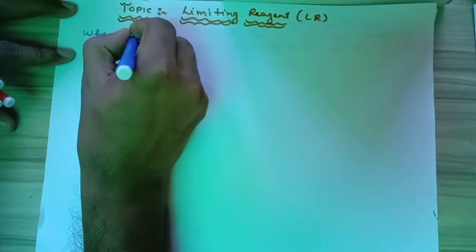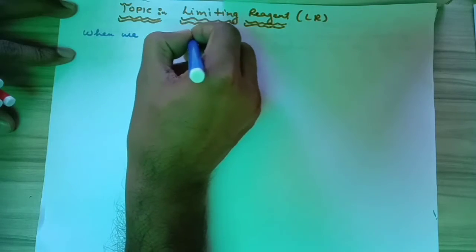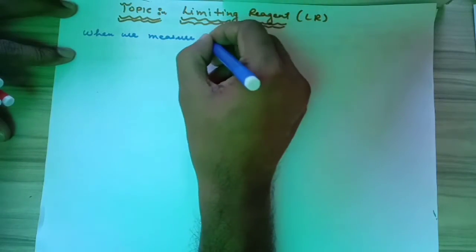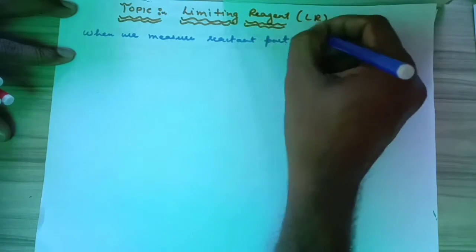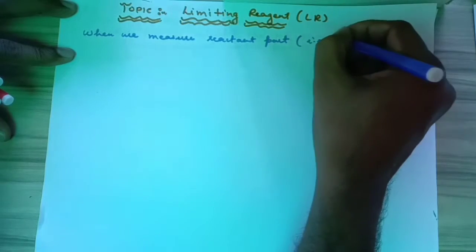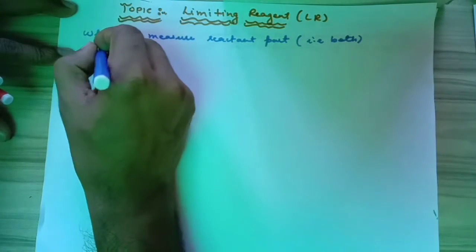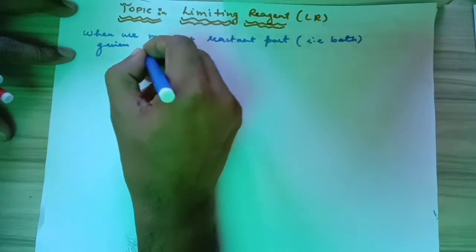So when we measure the reactant part, that is both given in a chemical reaction, then what happens?